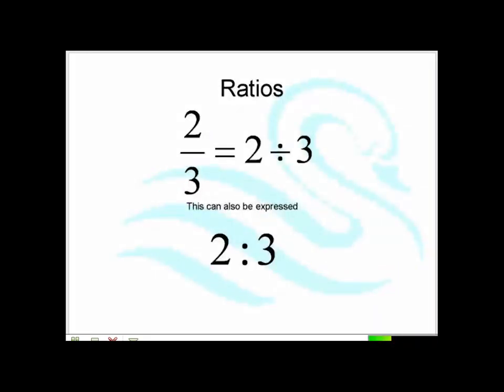Now, the first thing we're going to look at with mathematics is ratios and fractions. In fact, ratios is the old word for fractions, so they're the same thing. And as you can see from here, 2 over 3 actually means 2 divided by 3. Which makes easy sense. That can also be written 2 to 3.